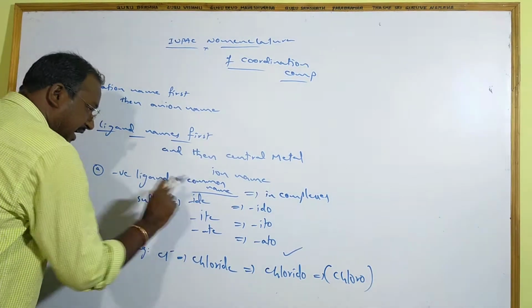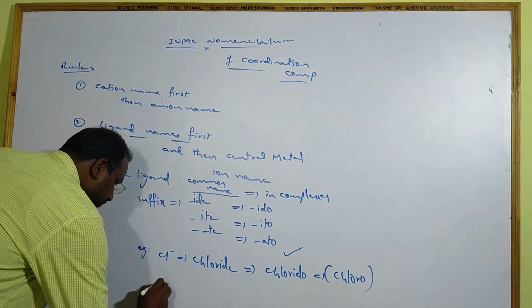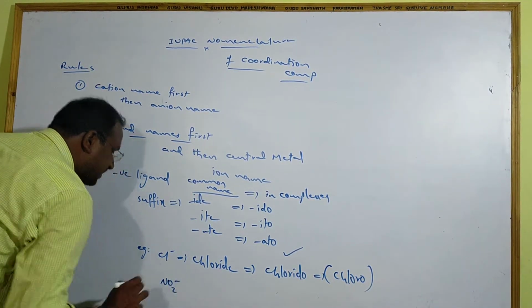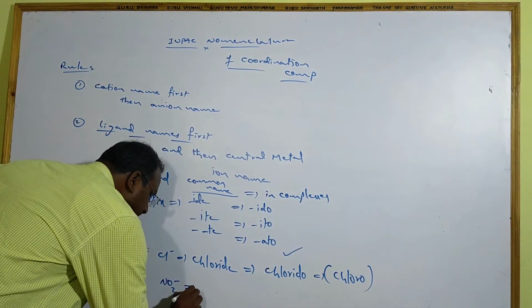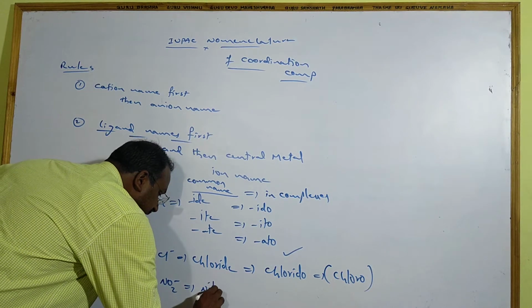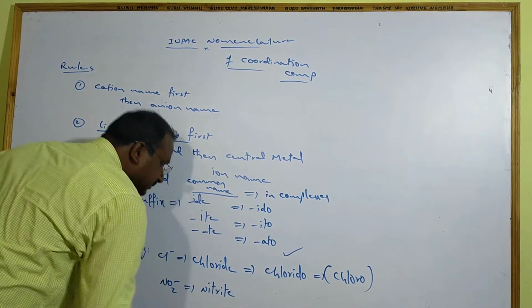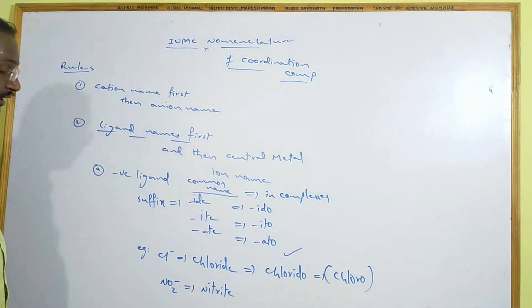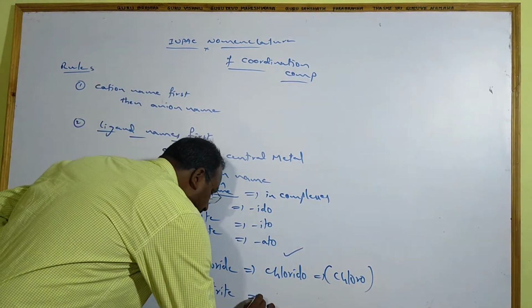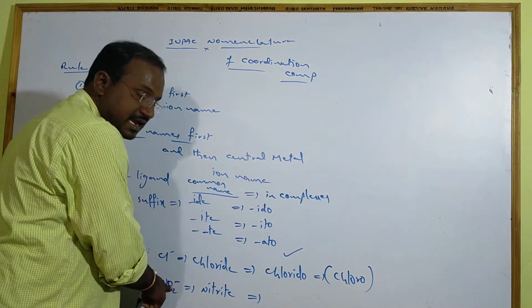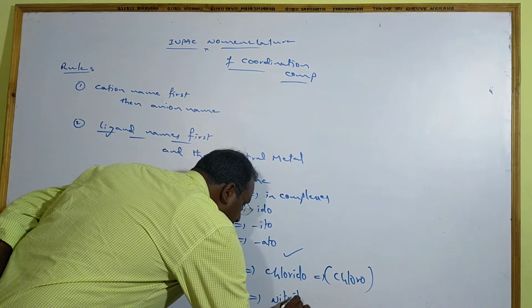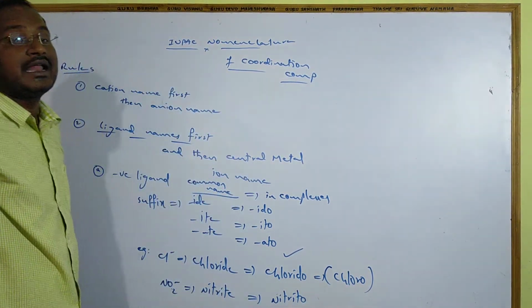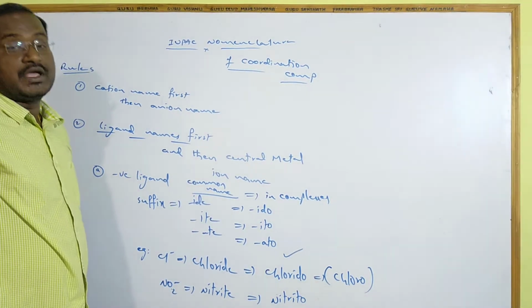Next, for another example, suppose NO2 minus is there. Generally, its name is nitrite ion. So in the name of complexes, when it acts as a ligand, you have to write nitrito, not nitro.